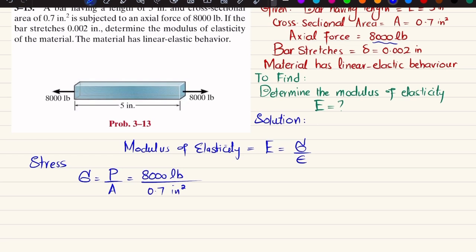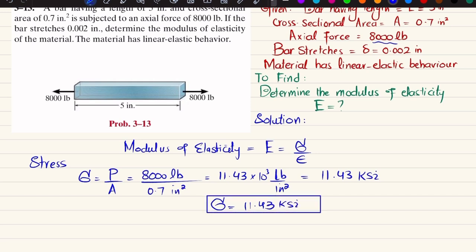When you divide it, you will get 11.43 into 10 to the power 3 pounds per square inch, or in terms of KSI, 11.43 KSI. KSI is kilo pound per square inch.